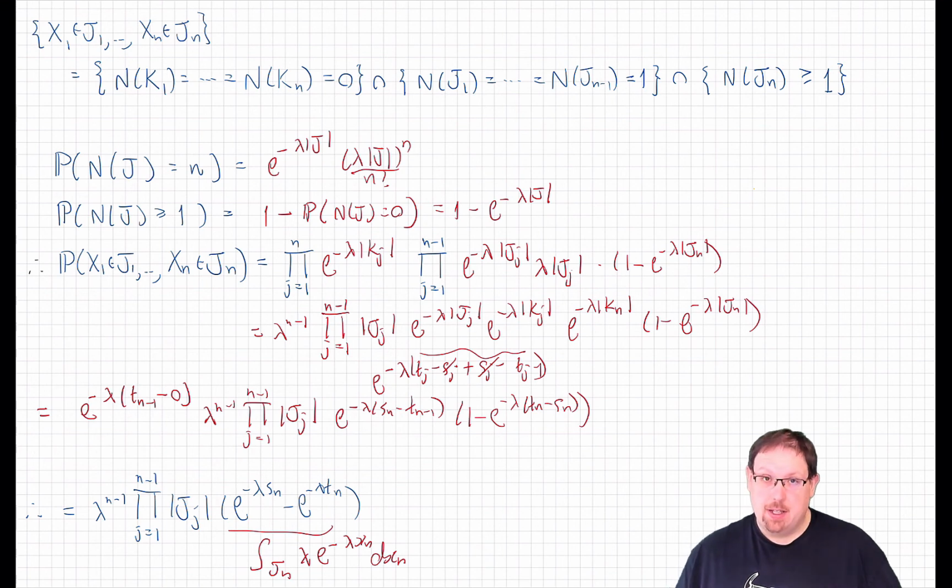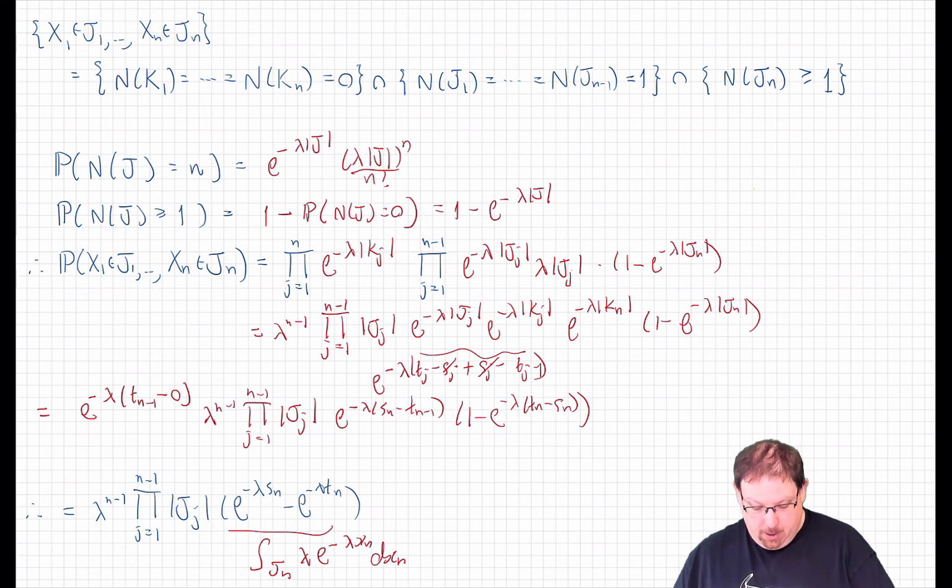I'm suggestively using the integration variable xn because we recognize this as the density of an exponential random variable in the last variable. And of course, this product here is the volume of an n-1 dimensional rectangular prism with side lengths given by those intervals.